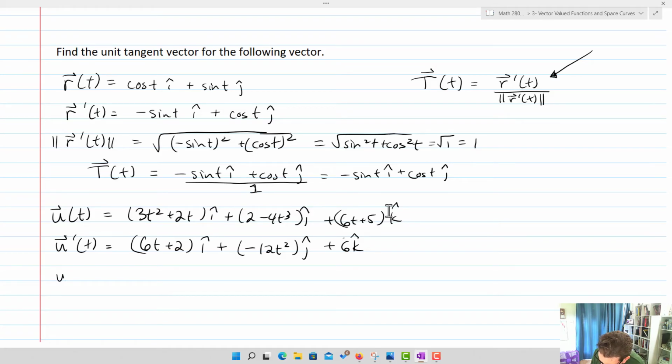And then I'll find the magnitude of u prime of t.